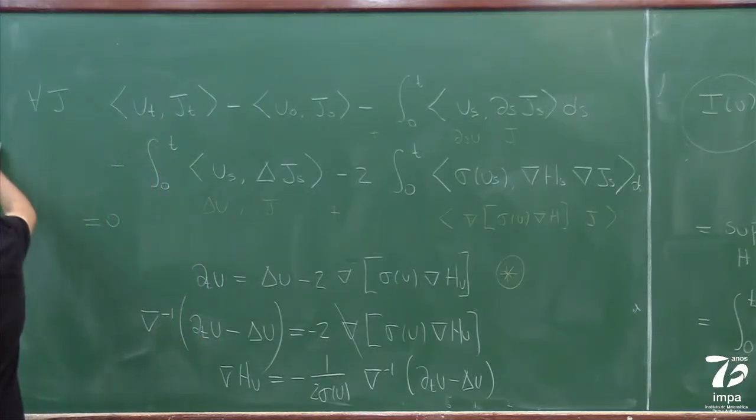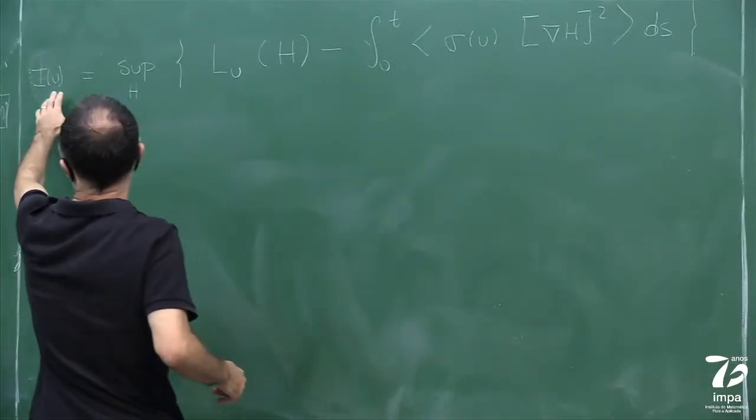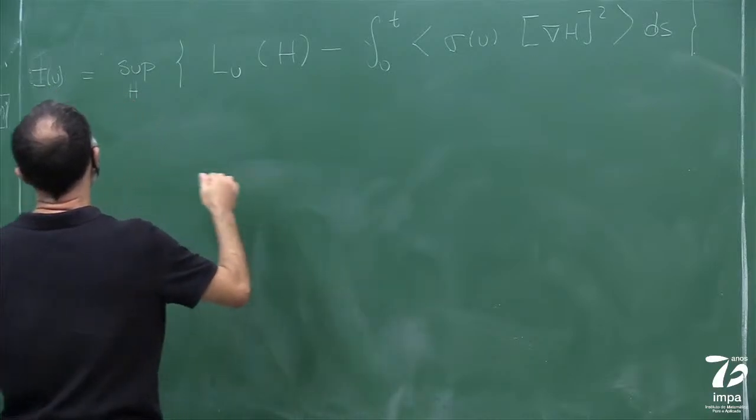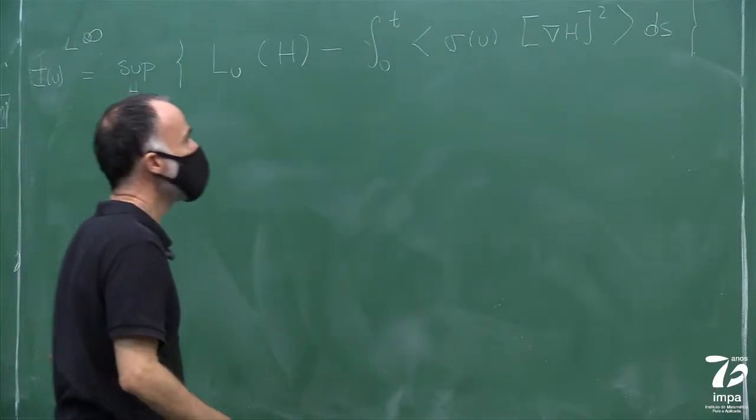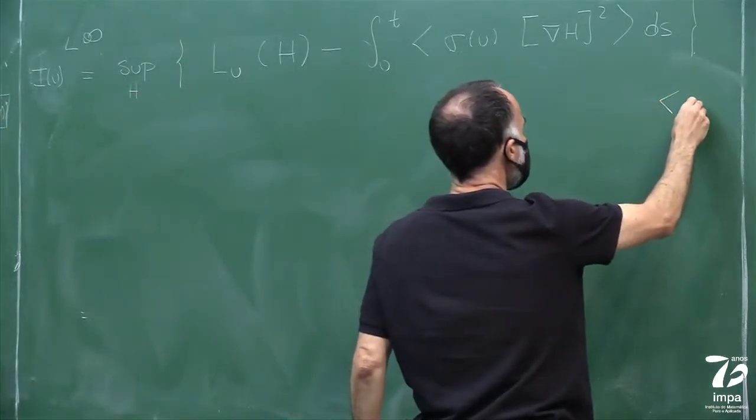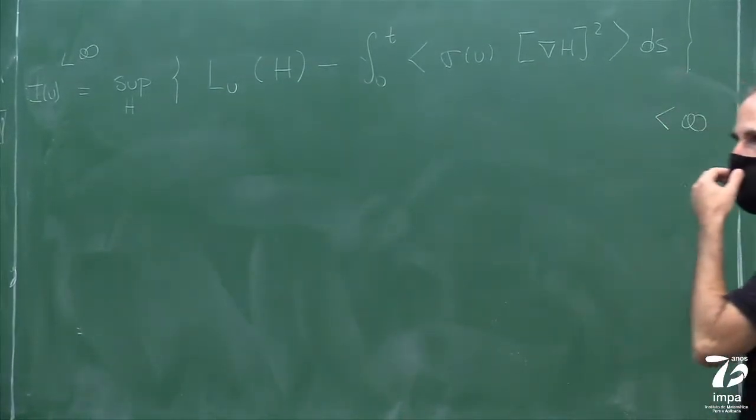Let's come back here. All right. So I know I'm taking a trajectory for which I of u is finite. Okay? So I know that this supremum is finite. All right?